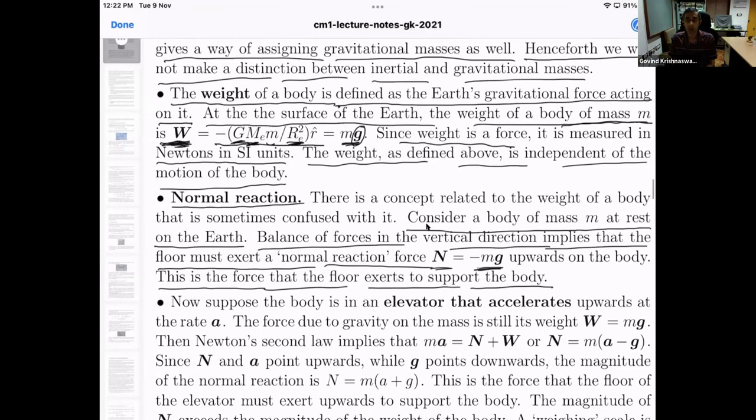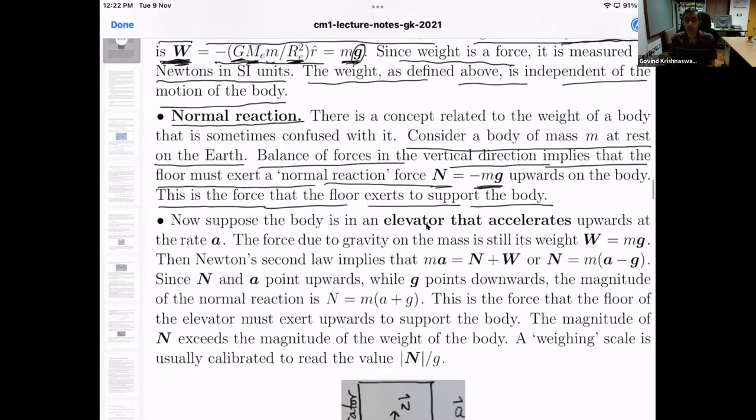Okay. Now, just to help us think about these things in a slightly different context, let us suppose that the body is not at rest on the earth, but is in an elevator that accelerates upwards at the rate a. So you're going up the building, and the elevator is accelerating upwards at the rate a.